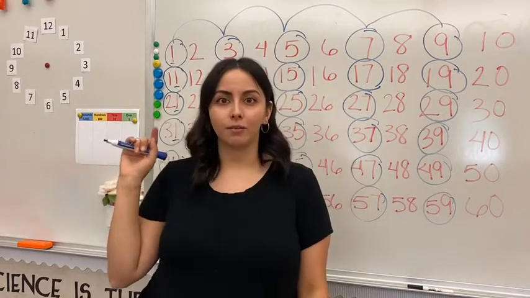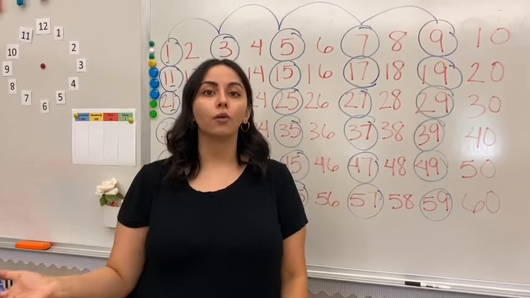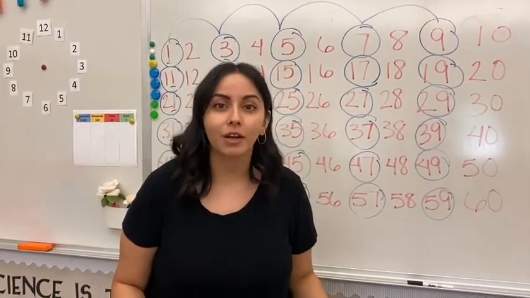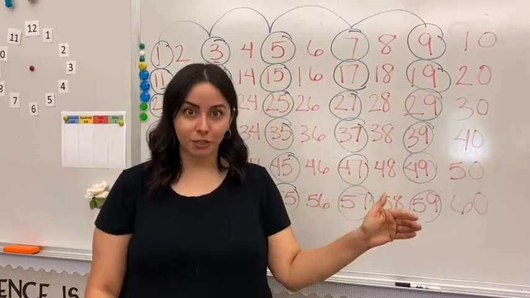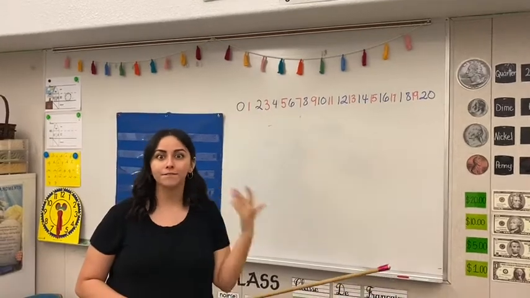We're gonna go ahead and count now on our number line, and we're gonna go ahead and skip count all the way to 50, because next week, we're gonna skip count all the way to 100. All right, so let's go ahead and skip count all the way to what? 50, ready?